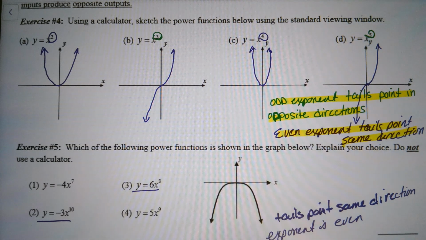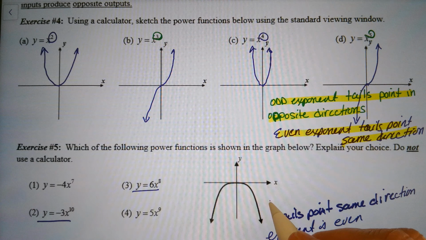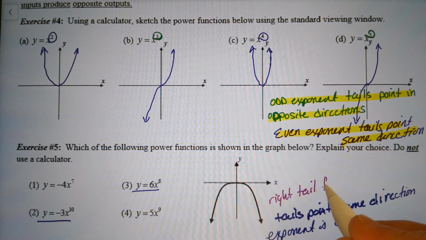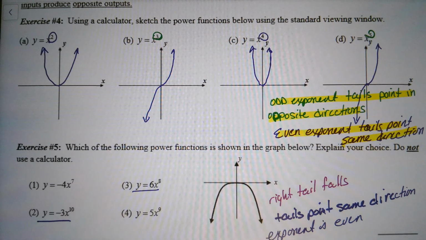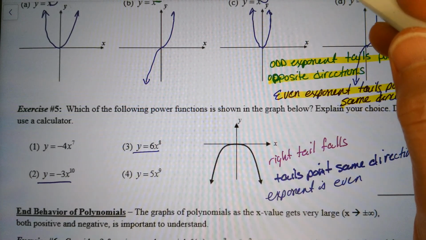So let's add that. Or in which case you can just look at the right tail. The right tail falls, it's going down to negative infinity. If your right tail falls, then the leading coefficient is negative.